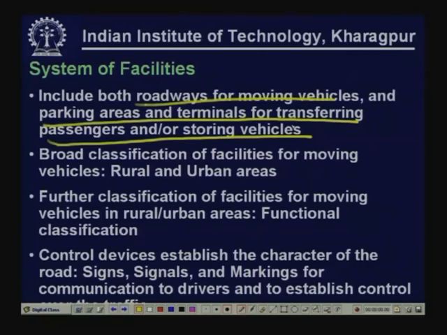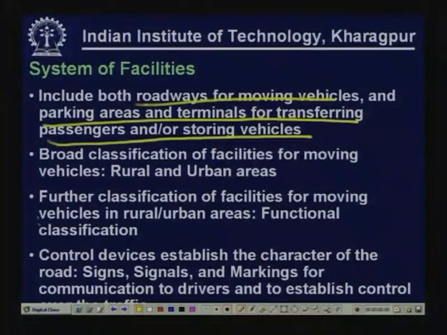Now, in this context also, we know that road systems in urban areas and rural areas are fundamentally different. The type of system and the purpose may all be different. So, primarily we consider two types of road system, urban areas and rural areas.